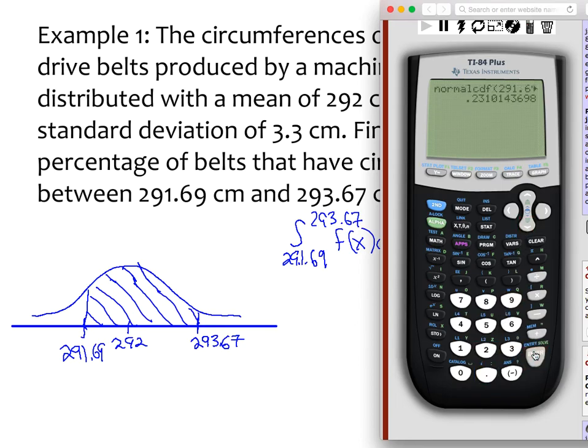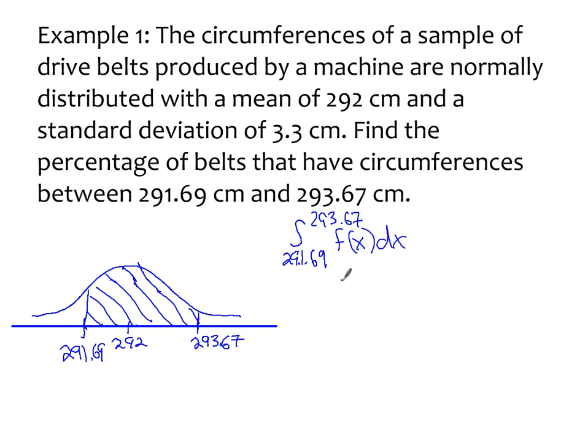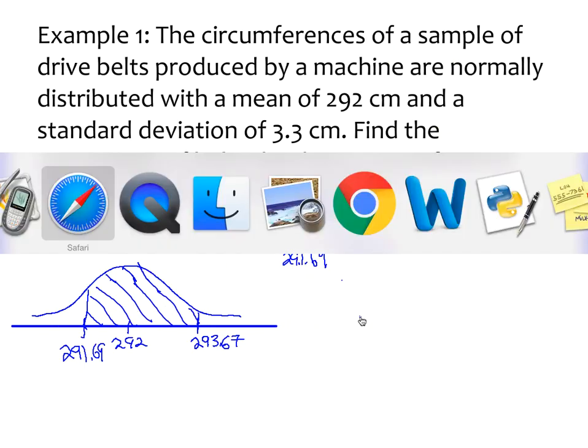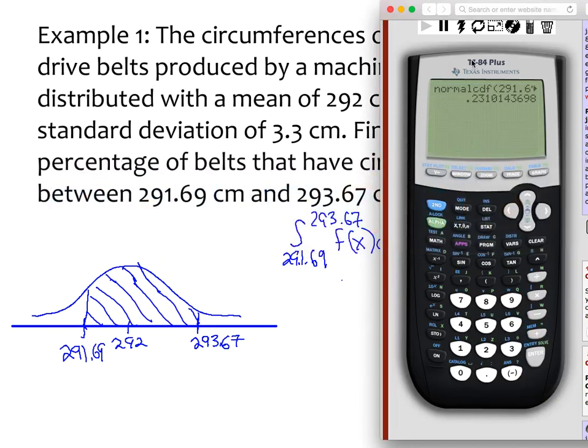All right, 0.231, or about a 23.1% chance of having those circumferences lie between those two values. I'll write the calculator notation here. Notice it's normal CDF: lower, upper, mean, standard deviation.